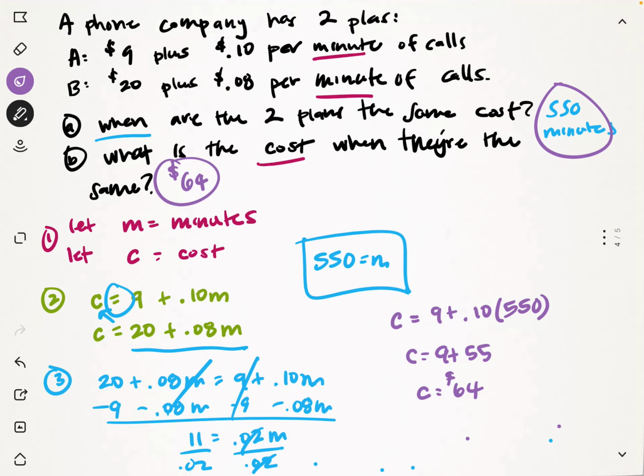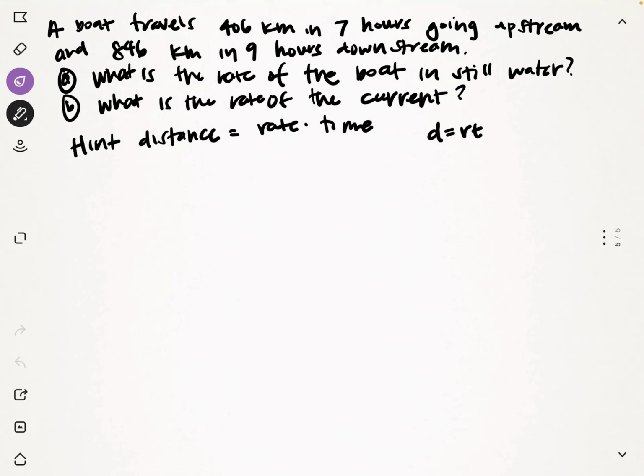On to the last one. The last one's a little bit tricky, and this is one of the problems that you might see in science, in physical science or physics, because there's some stuff going on here. So there's this boat, right? And it travels upstream. Upstream means that the stream is actually working against it.